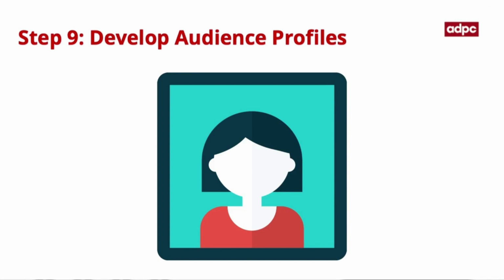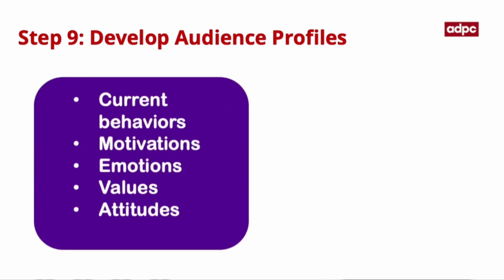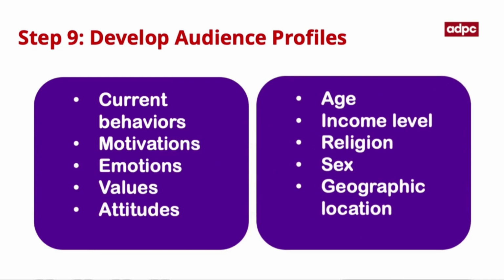An audience profile is a paragraph that contains detailed information on your audience's current behaviors, motivations, emotions, values, and attitudes. It also contains information on age, income level, religion, sex, and geographic location. It should also highlight the audience's barriers to adopting the desired behaviors.